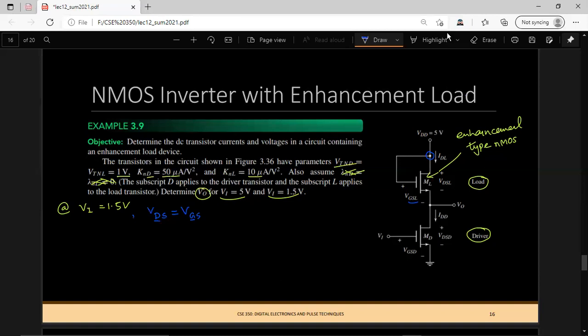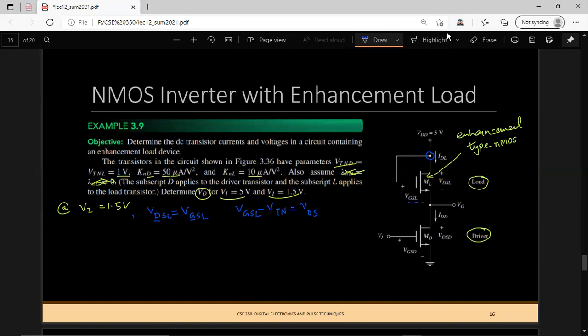That means that VGS minus VTN is less than VDS, and for this we should put an L here to specify that we are talking about the load circuit.